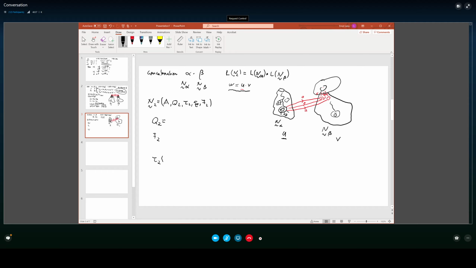So that then means that Q0 will only be in F2 if both Q0 is in F beta, this is that case, and if Q0 is in F alpha. So only if both initial states are accepting, then we will have Q0 in F2.